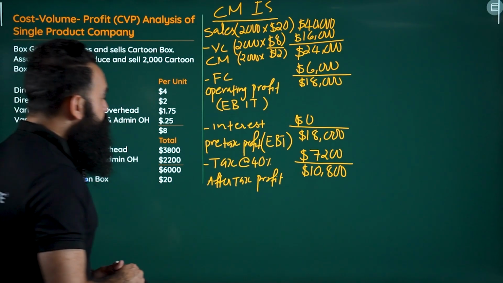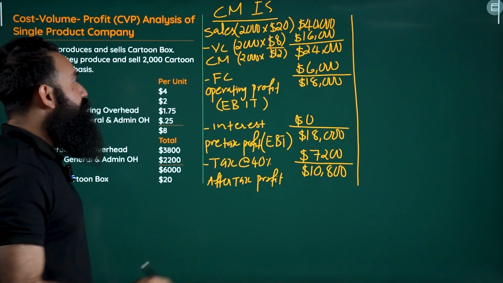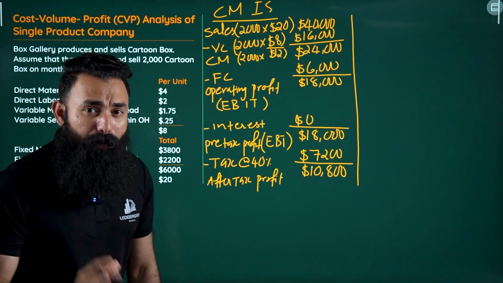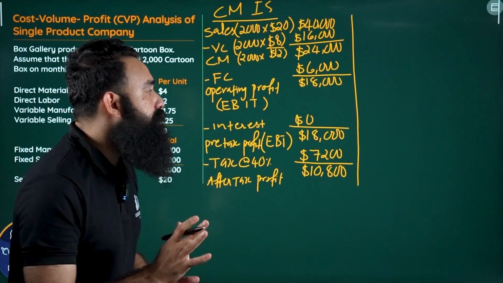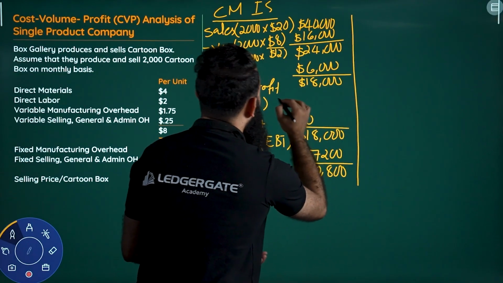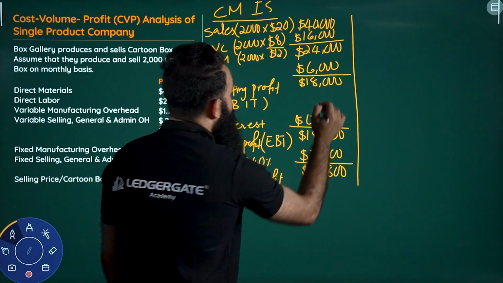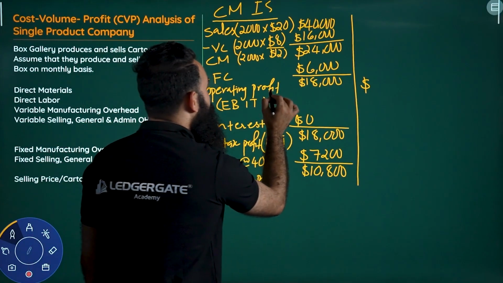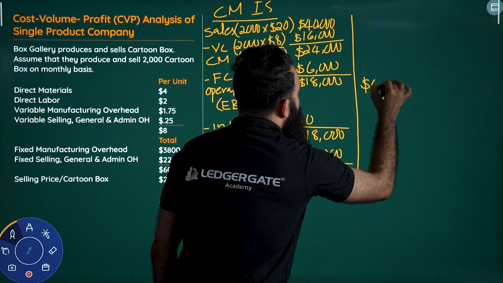Now, what is break-even analysis? That's what we are looking for. Break-even means it's a point where there is no profit and no loss. So from here onwards, we call this profit pre-tax profit as well, and this is 0.